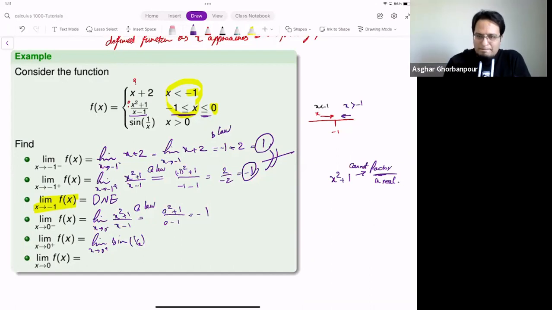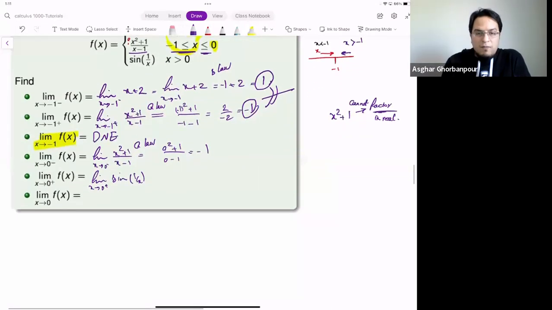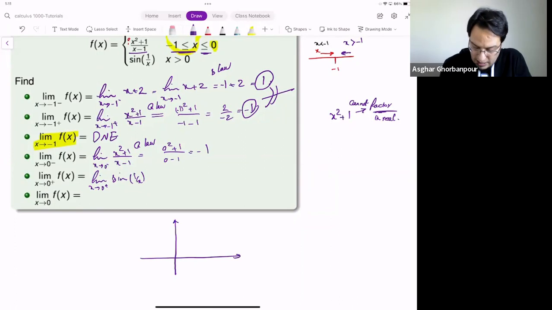Okay. Good. Now, sine of 1 over x. This is an interesting function because, first of all, I cannot put 0 in the denominator, so it's not defined at x equal to 0.